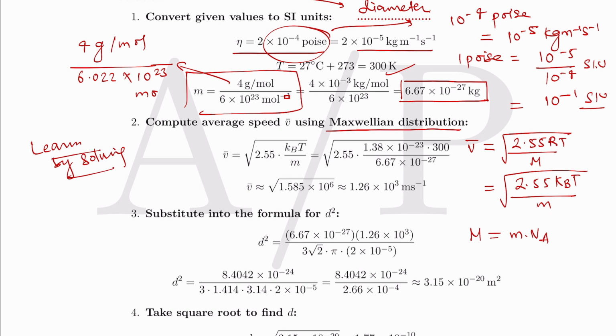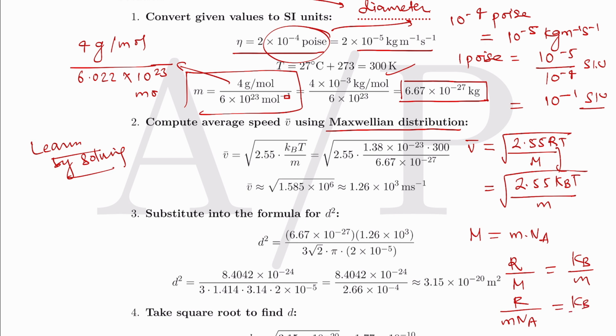In that way, you can try to find the relationship: R by M is equal to KB by small m, and this capital M could be written as small m times Avogadro number.